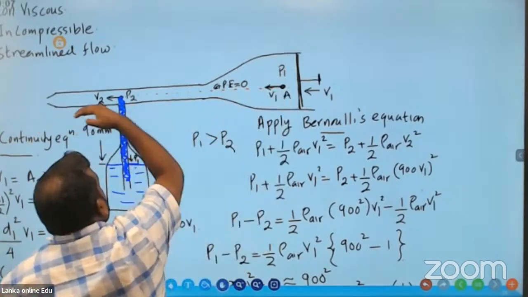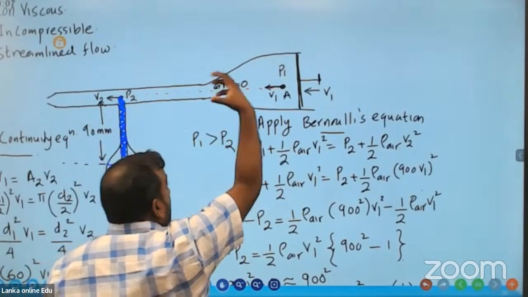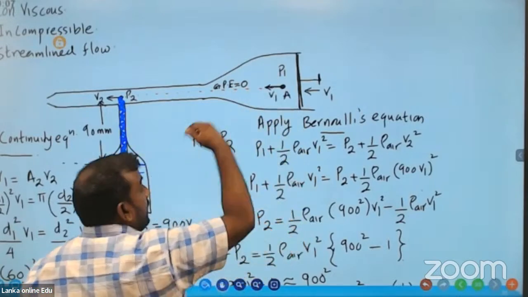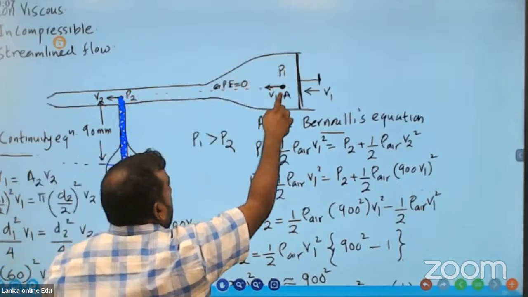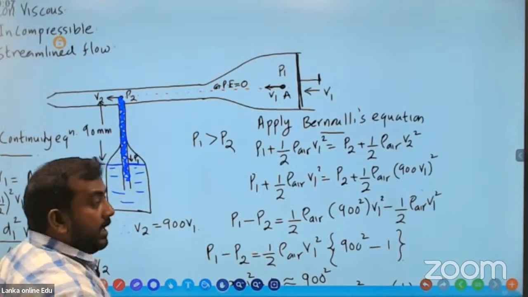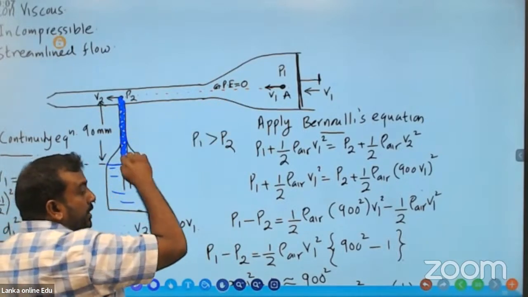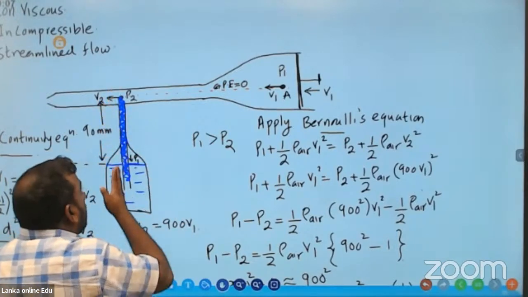Large area, small velocity, higher pressure. Once it quickly goes here, high velocity, low pressure. High pressure to low pressure, air will quickly travel. Now the pressure inside the container is large, and it will push on this, so the liquid will rise.